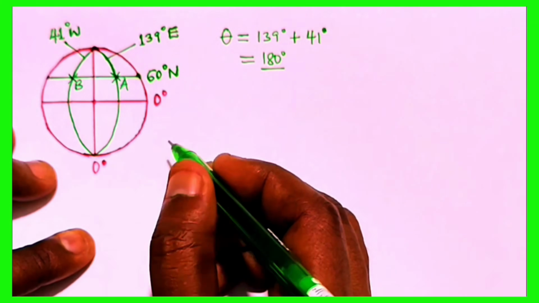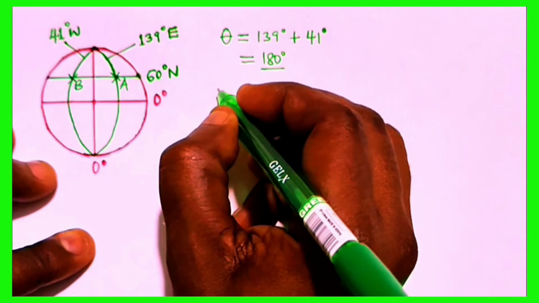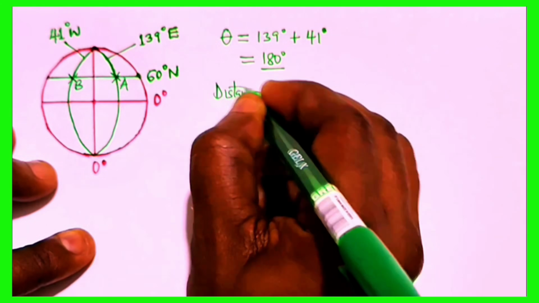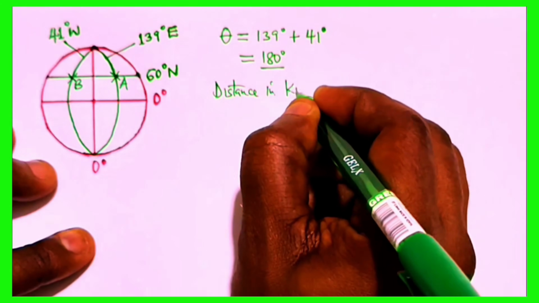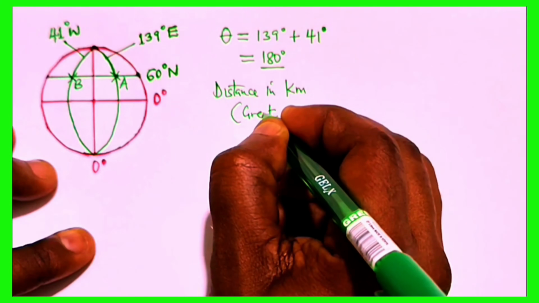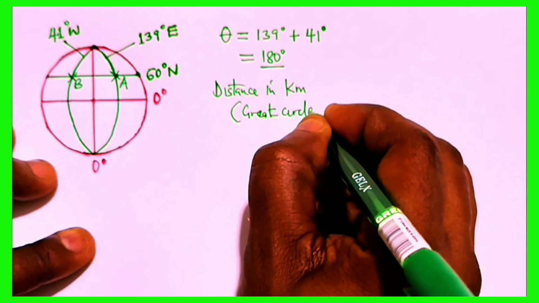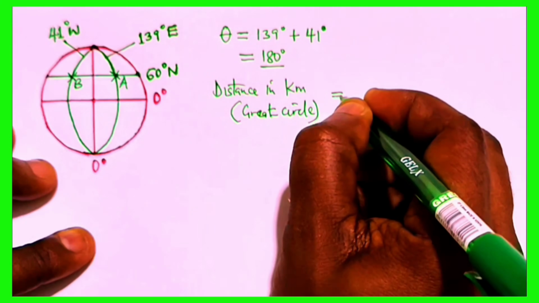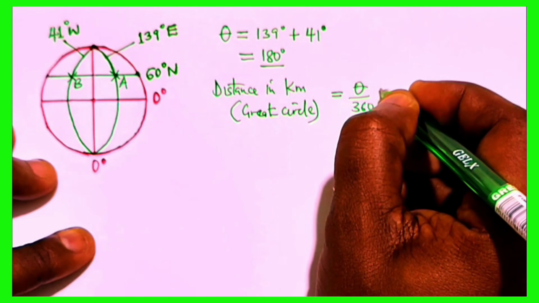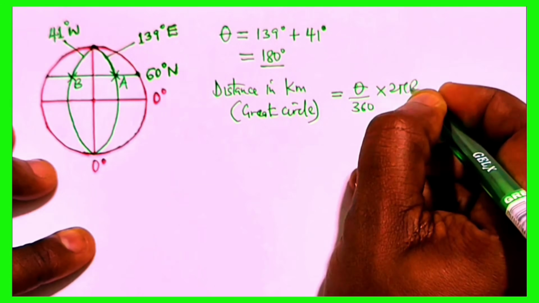So we are going to consider our shortest distance to be distance in kilometers, and this is along a great circle, will be equal to theta divided by 360, and then we multiply by 2 pi r.